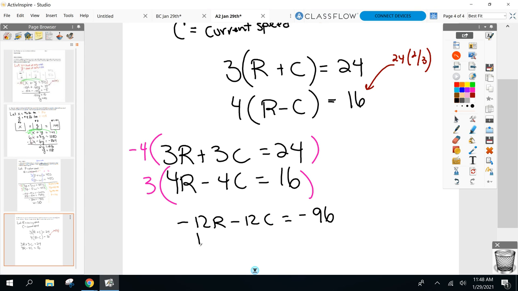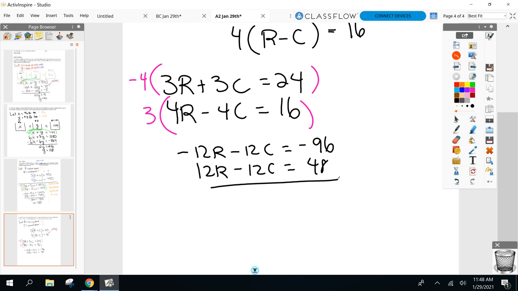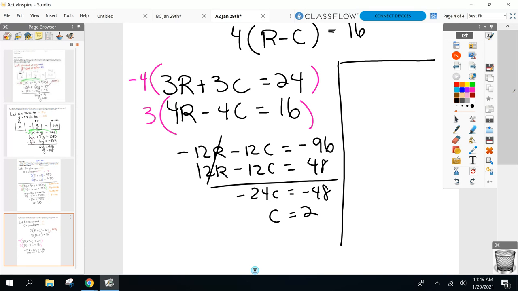Okay, 12 here, minus 12 again, equals 48. Okay, they cancel. I'm left with -24 is equal to -48. So C equals 2. Or the current, whatever you had for the current, equals 2, right? Okay, so the current equals 2.